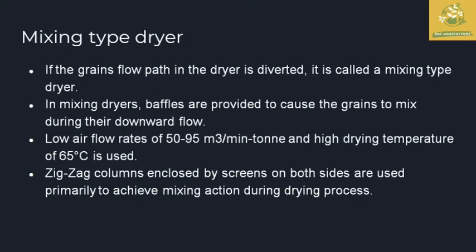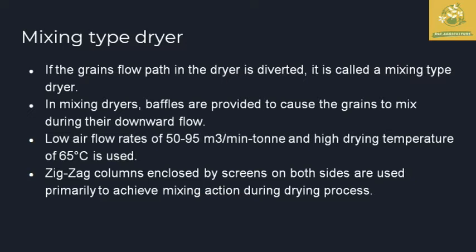First, let's see the mixing type, and if you want a simple introduction, you can see the previous lecture, found in the last segment of that video. In mixed type dryers, the grain flow path is diverted, and it is called a mixed type dryer. Baffles are provided to cause the grain to mix during the downward flow.